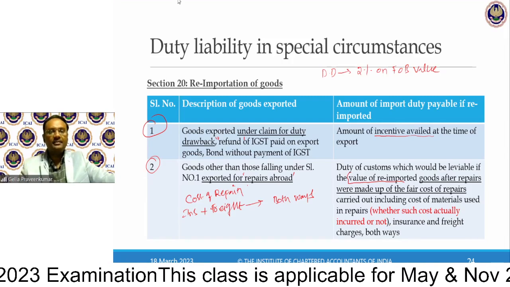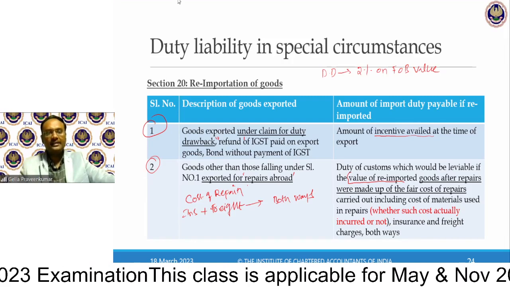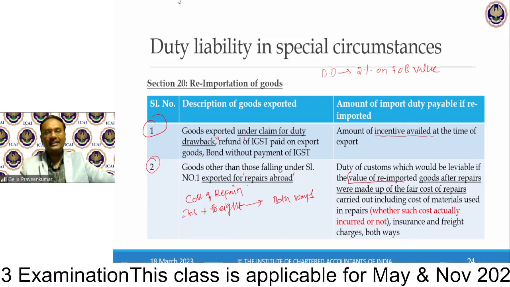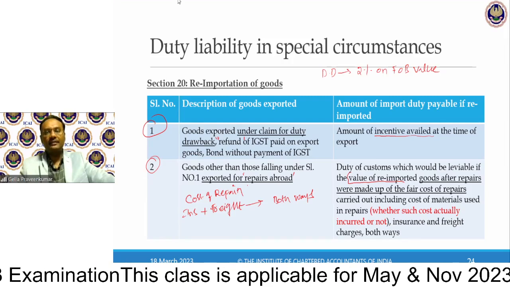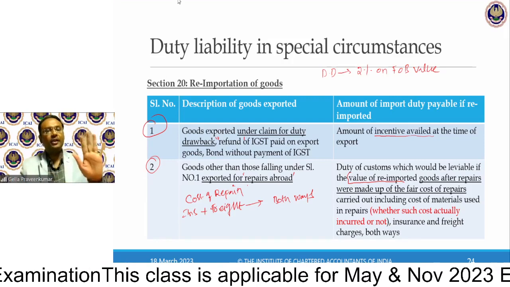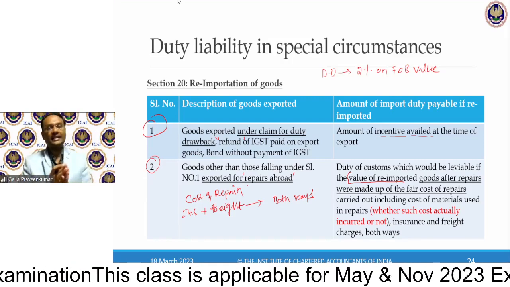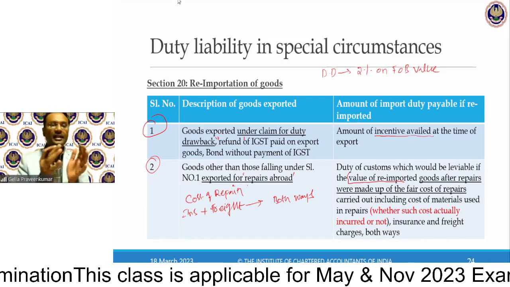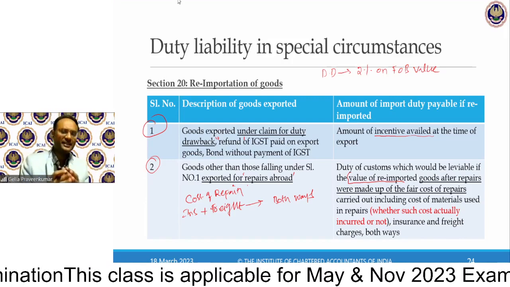Shivam is asking this question. Since they charge duty on fair cost of repair, isn't it a service of repair for which they are charging duty? Absolutely, Shivam. Not on the value of the component, only on the value of repair they are charging duty. Like, I have sent a car, so there is an air compressor.